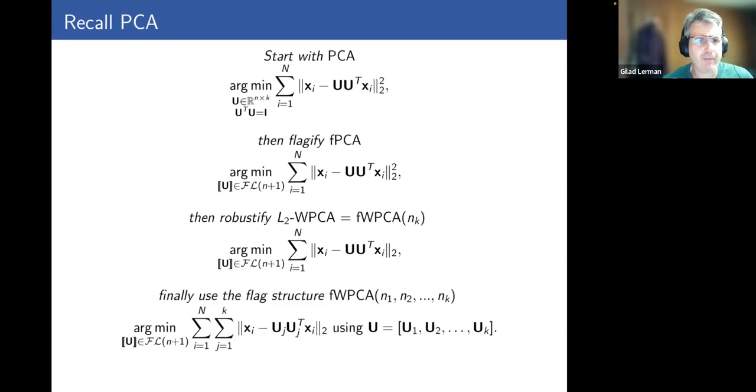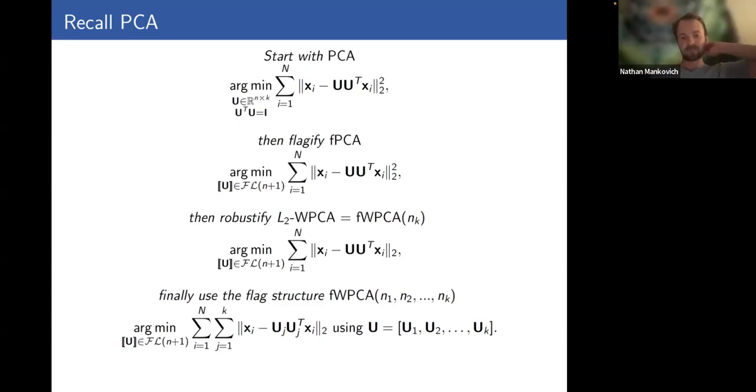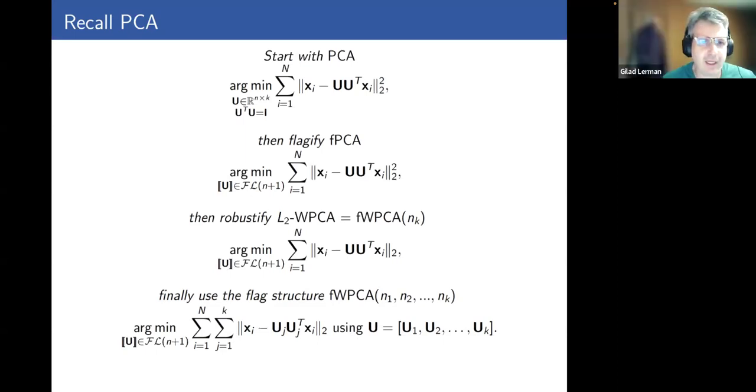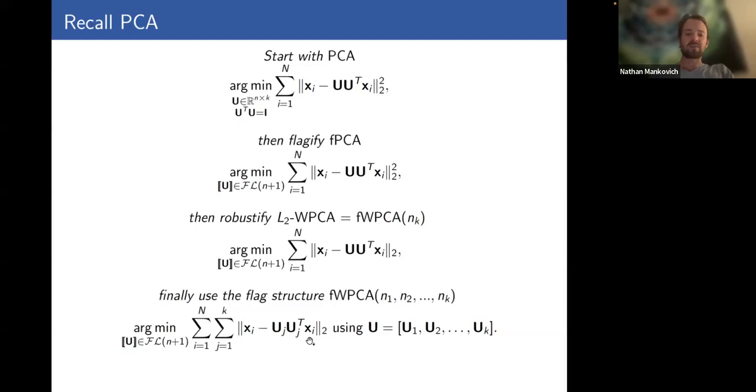So it confused me because you call it a flag, you want it to be nested. So how does it correspond to the definition? No, I think that's a fair point. Flag is not exactly the same, but there's a correspondence between a flag of a certain type and a product of Grassmannians or a product of subspaces.